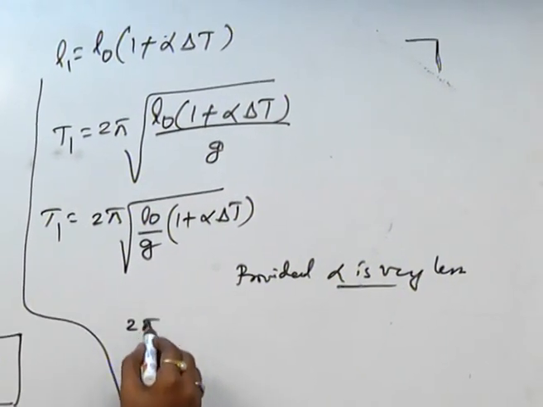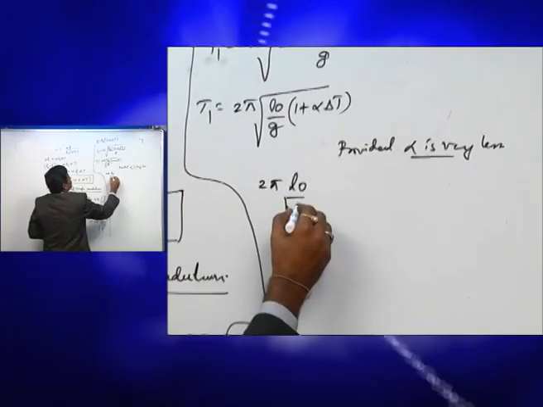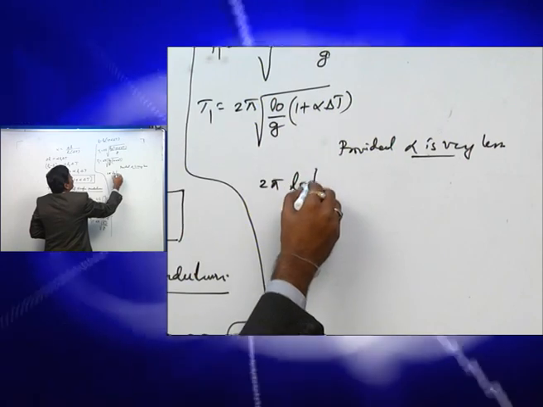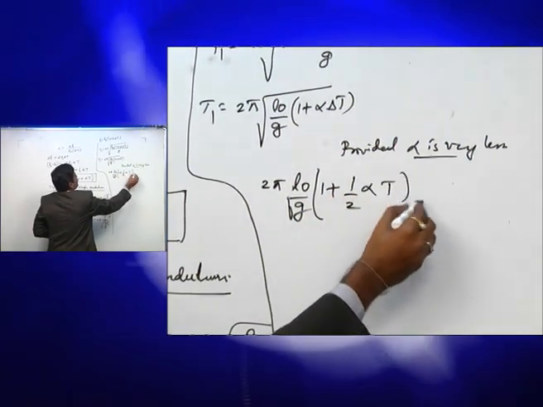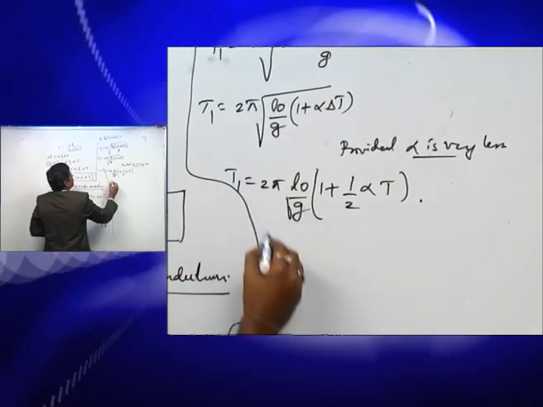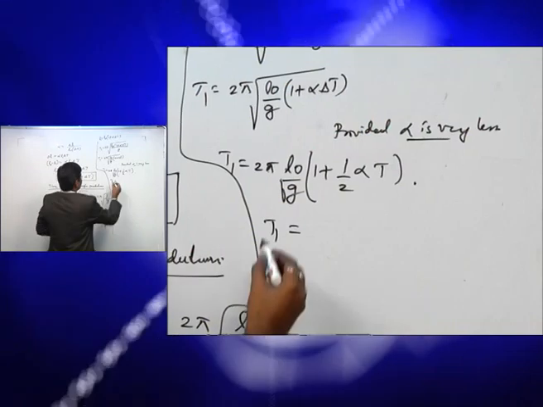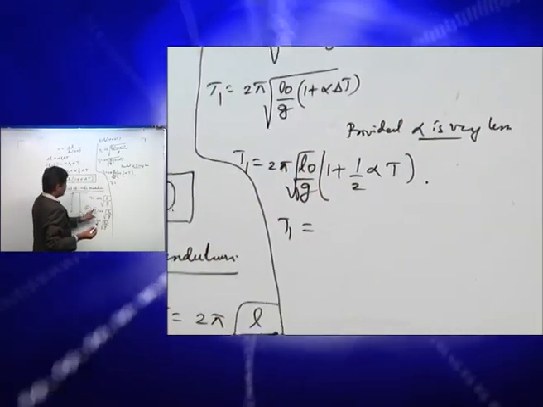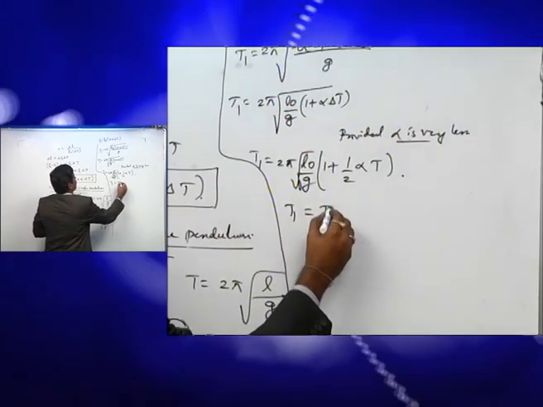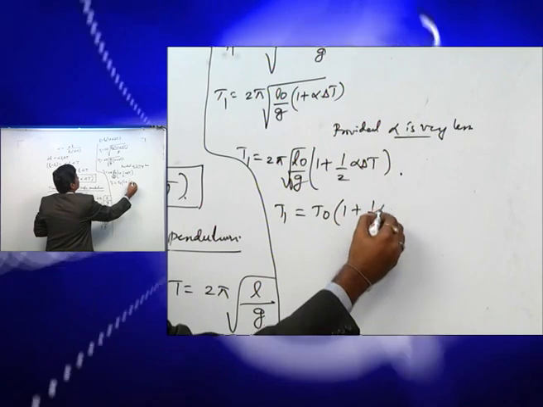So we can write down L0 by G into 1 plus 1 by 2 alpha delta T here. This is about T1. So T1 is equal to 2 pi under root of L0 by G here, which will be T0 into 1 plus 1 by 2 alpha delta T.